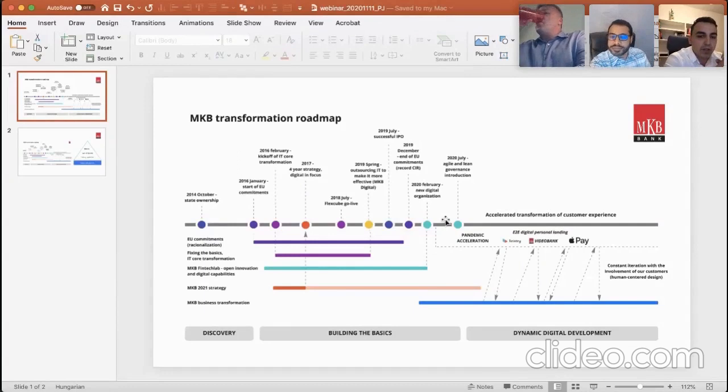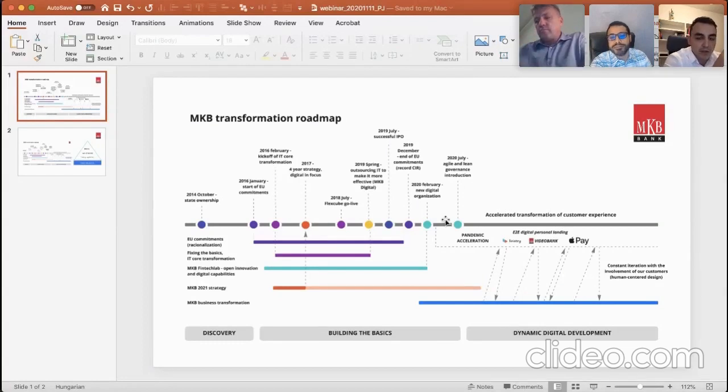The first one is to share the story of MKB, our transformation story: what the pillars were, what the stages are, and what the experience is with transformation and with FLEXCUBE. And the second part of my short talk, I would like to highlight our key takeaways from the last 5 years and what the future is for MKB in terms of transformation. And I'll also touch on a potential upgrade of FLEXCUBE as well.